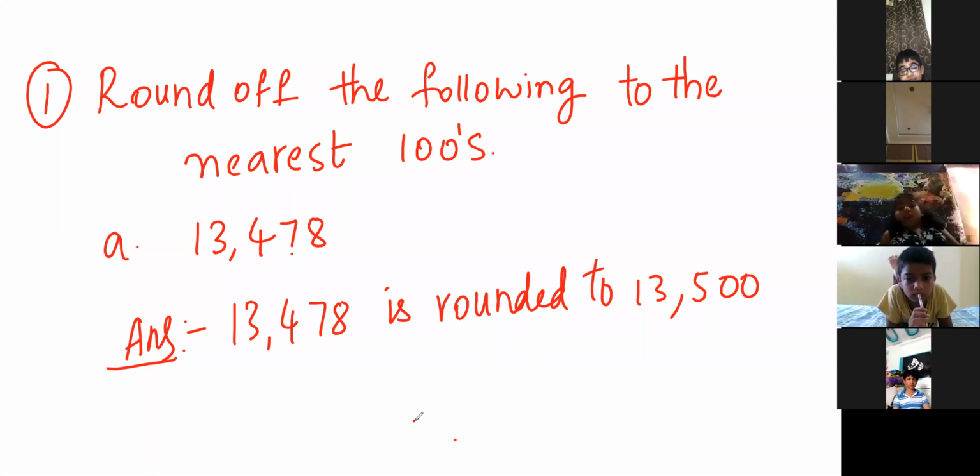Whenever we round off any number to its nearest thousands, we have to choose the nearest multiples of thousands only. Got it? This is just for your analyzing purpose. 13,478 is rounded to 13,500. Next one.